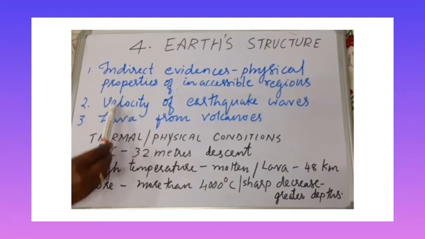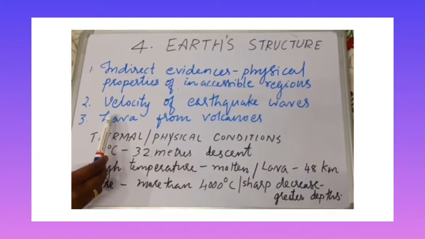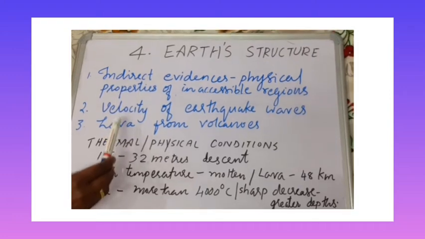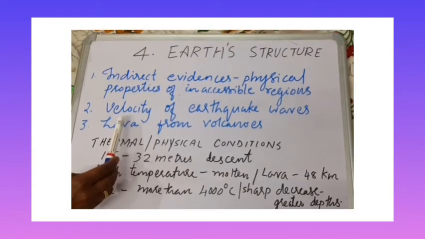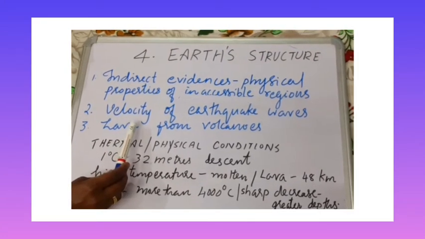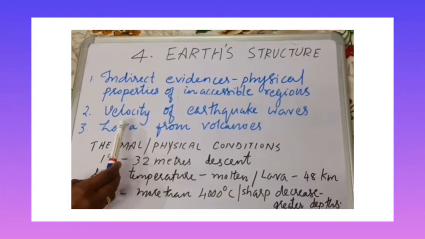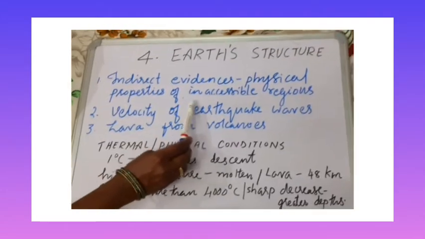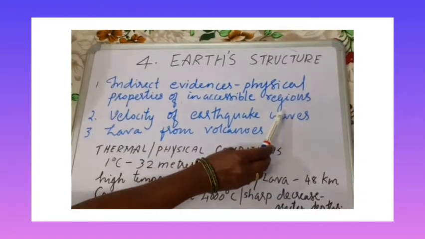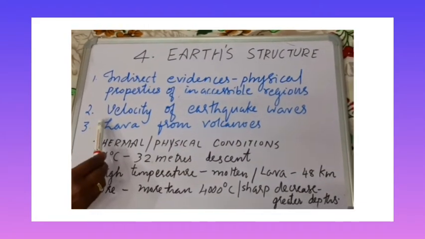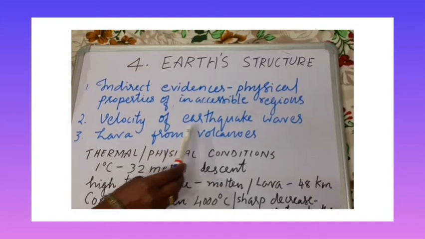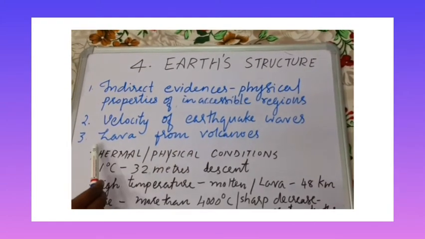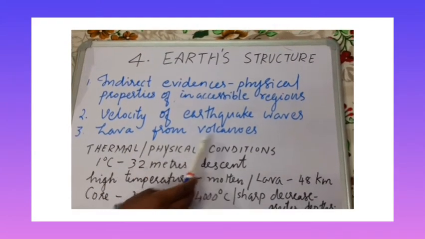There are three factors or indirect evidences which help us to know the Earth structure: the evidences based on the physical properties of inaccessible regions of the Earth, the velocity of earthquake waves, and lava emitted from volcanoes.